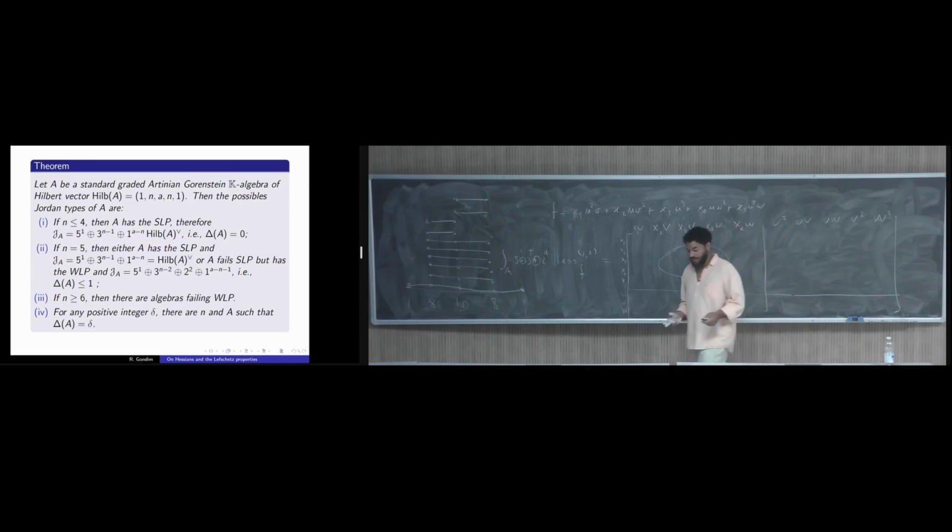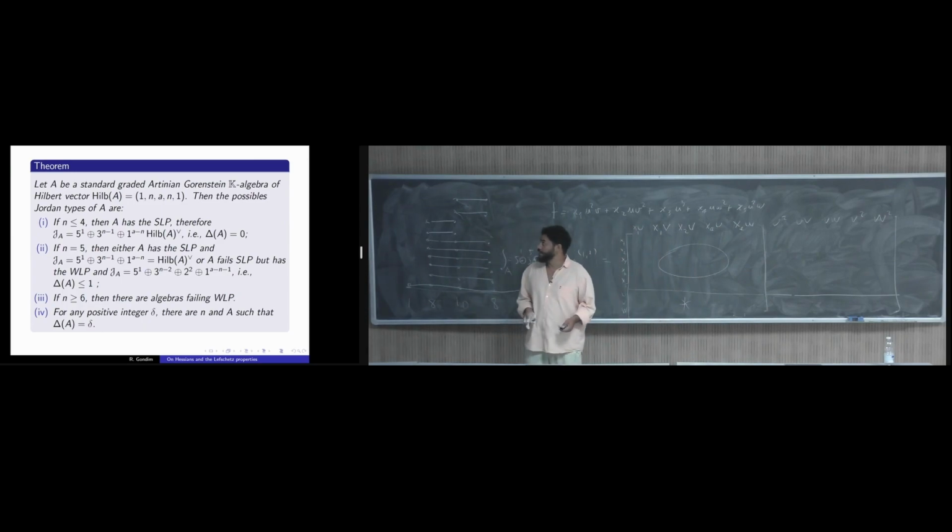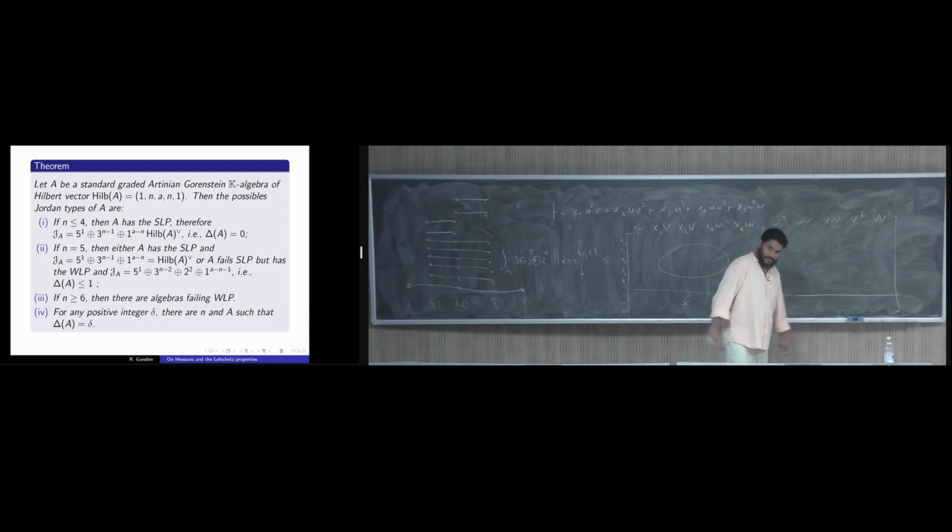Therefore, the Jordan type is the dual of the Hilbert function, so delta is 0. If n is equal 5, there are 2 possibilities, and delta can be as big as you want.